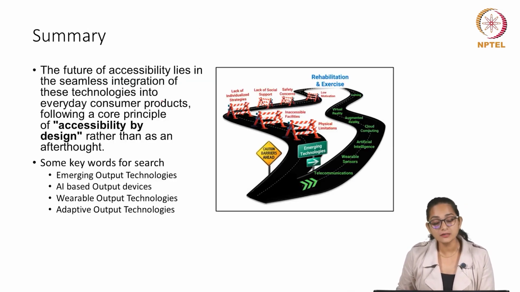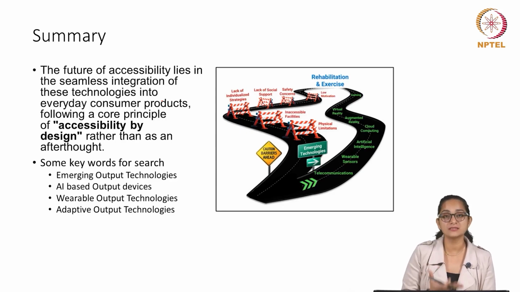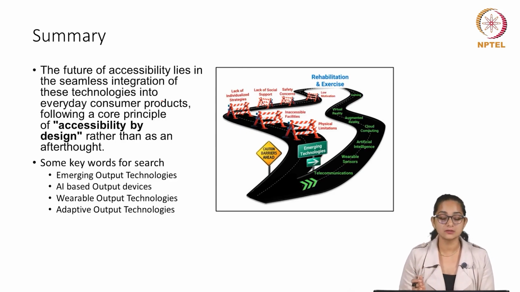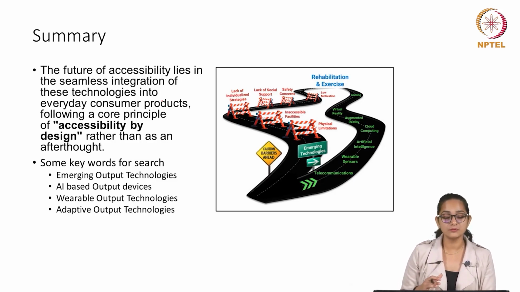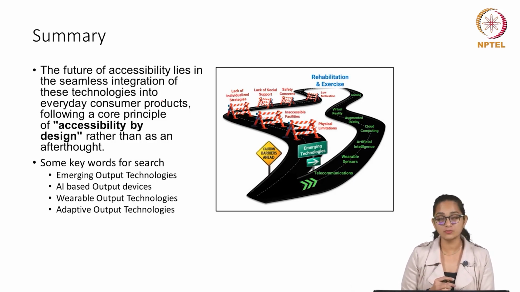So, to summarize, the future of accessibility lies in the seamless integration of these technologies into everyday consumer products. It is still a long time to go, but the core principles of accessibility by design should be followed, rather than thinking of accessibility as an afterthought.